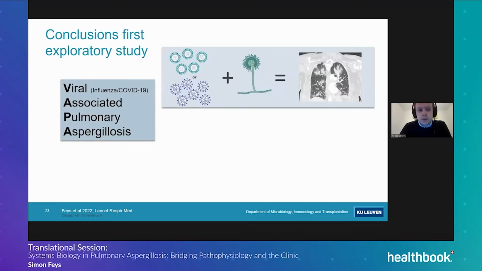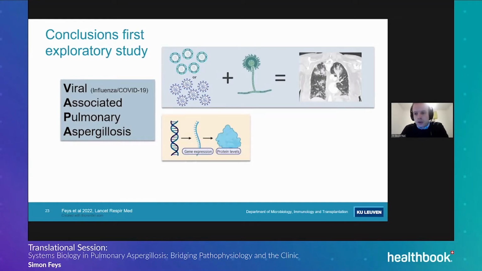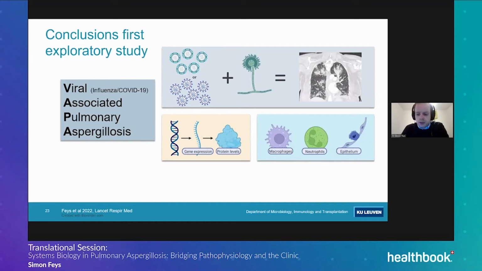So the conclusions of our first exploratory study are that we could identify certain defects in the gene expression level and also in the protein levels of these VAPA patients compared to non-aspergillosis severe viral pneumonia patients. And we identified disturbances, either directly or indirectly, in the macrophages, the neutrophils, and the epithelial layer of these patients.